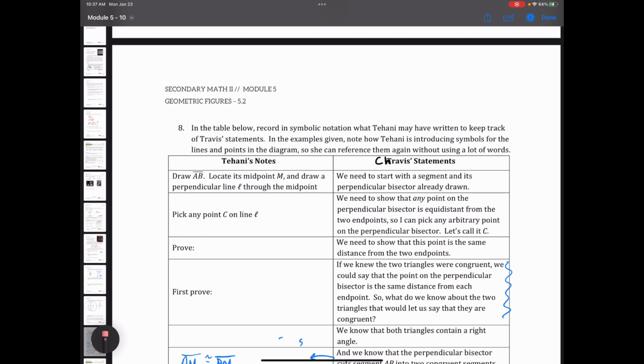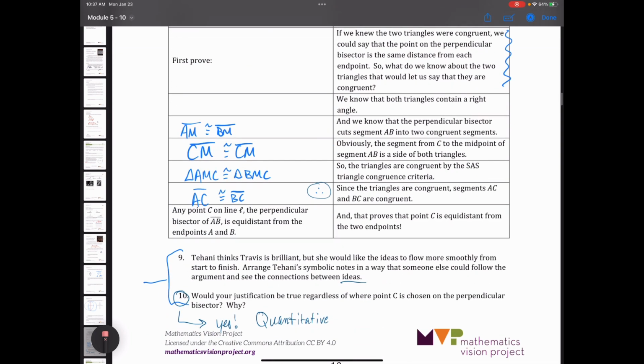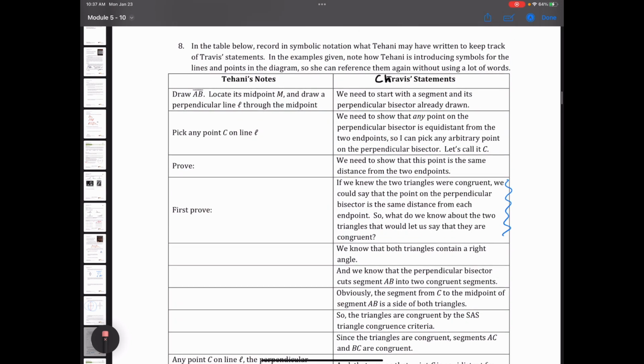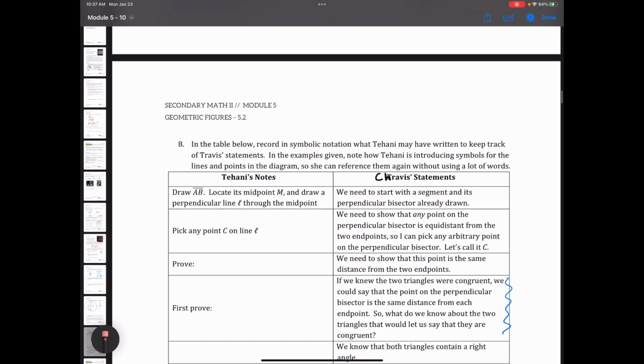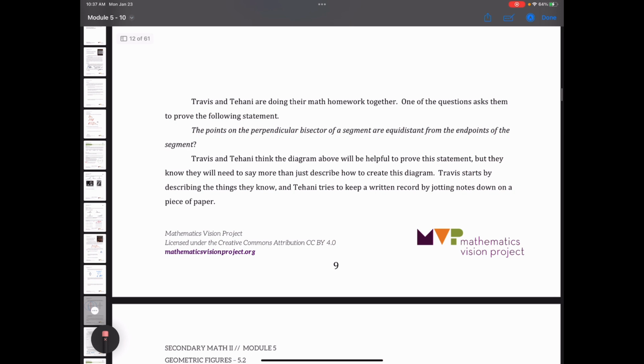Travis and Tahani are doing their math homework together. One of the questions asks them to prove the following statement: the points on the perpendicular bisector of a segment are equidistant from the endpoints of the segment. Travis and Tahani think the diagram above will be helpful to prove this statement, but they know they will need to say more than just describe how to create this diagram.